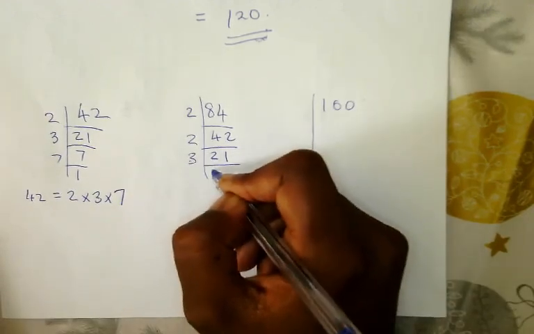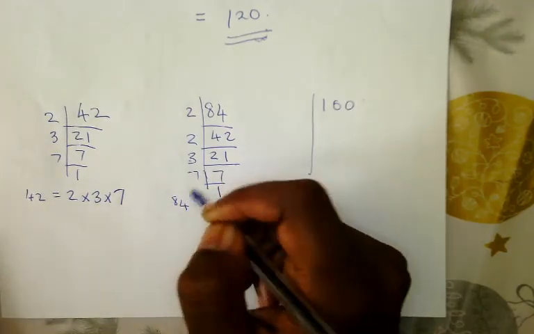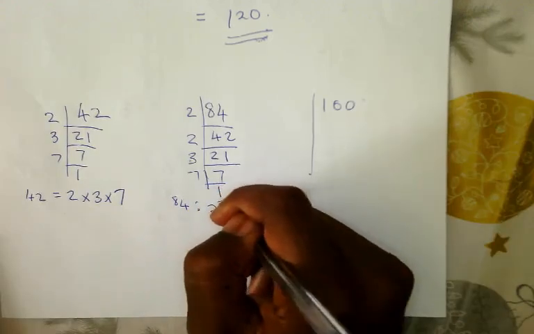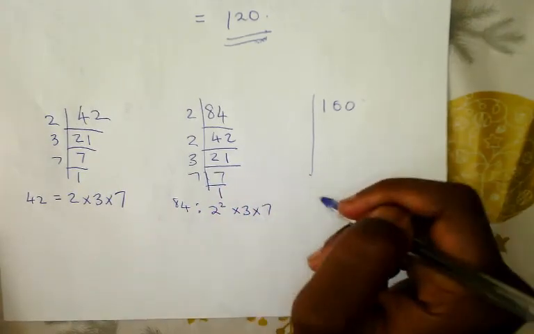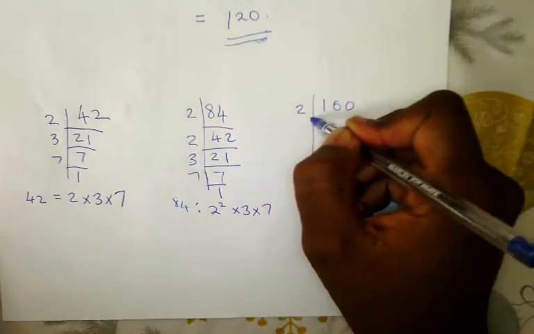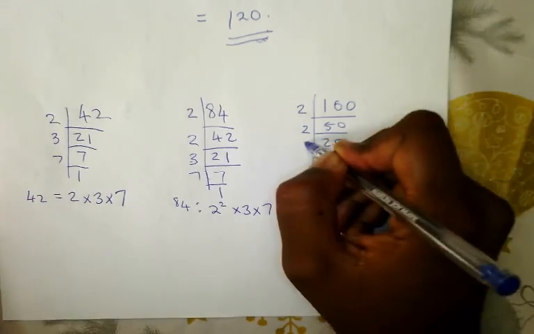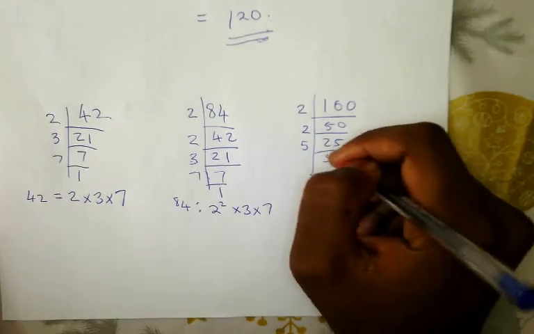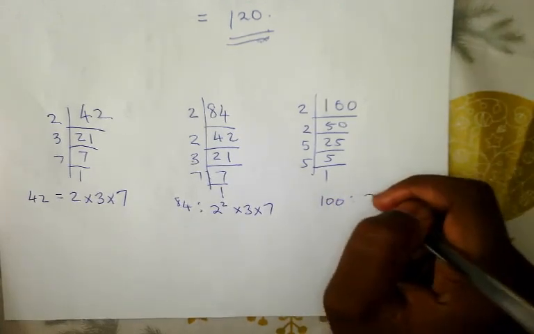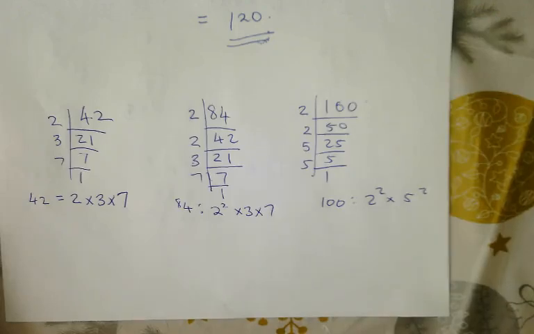So the prime factors of 84 is 2 squared multiplied by 3 times 7. Then 100. Divide 100 by 2, you get 50. Divide 50 by 2, you get 25. Divide 25 by 5, you get 5. Divide 5 by 5, you get 1. So prime factors for 100 is 2 squared multiplied by 5 squared. Is that okay?